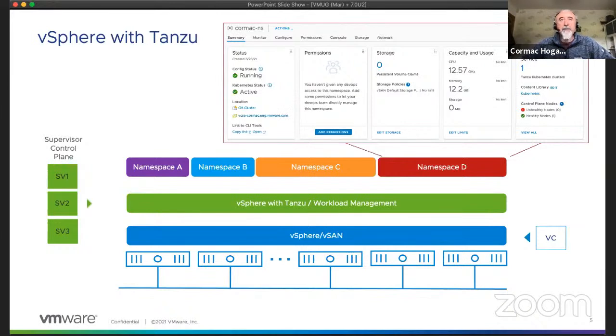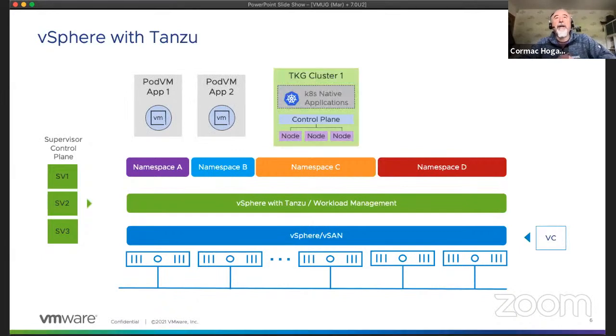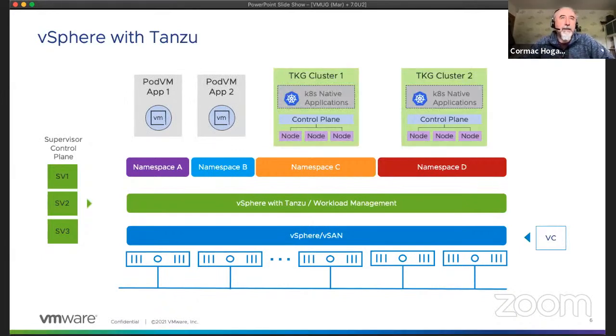So once we have the namespace, what are the kind of things that we can put into a namespace? Well, if you're familiar with the original vSphere Integrated Containers, the VIC product, there's a similar concept called a pod VM now, which is a container workload, but wrapped inside a virtual machine. So you get the agility of containers, but the security and isolation of a virtual machine. So that's one type of application you can roll out here.